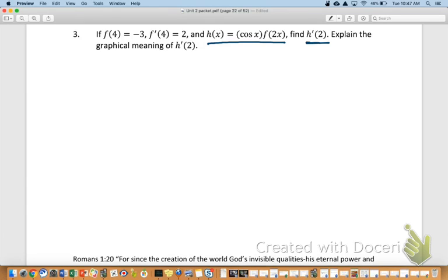So here we go. h prime of x would equal 1 D2 would be this. I'm really hoping you got this. Oh my gosh, I'm going to reveal it now. Did you get this for 1D2? Yes. Cosine of x times f prime of 2x times 2. Did you remember the times 2 part? Yes.